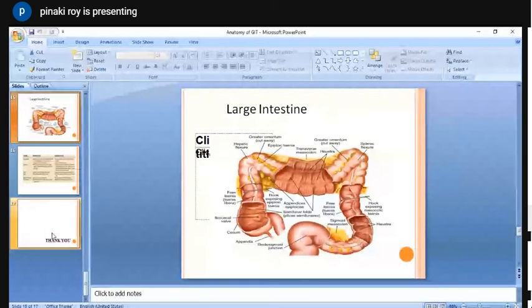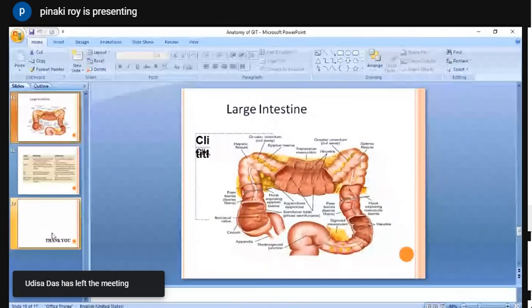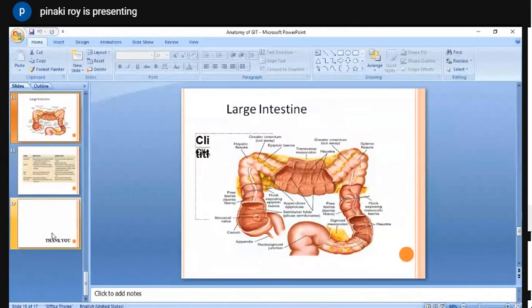Within the large gut, the function is this: what is digested in the stomach and small gut reaches the large gut, and ultimately the stool is formed by absorption of the excess water from the chyme. The excess water is absorbed, and there will be more and more bacterial proliferation, and ultimately the fecal matter is formed.